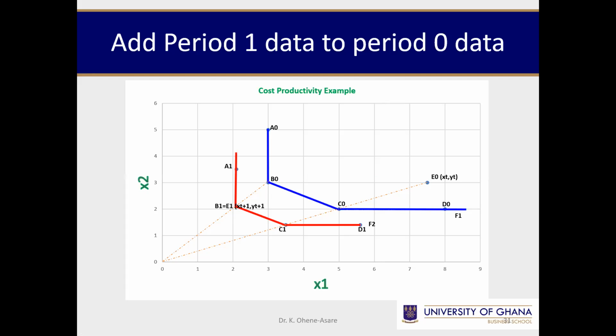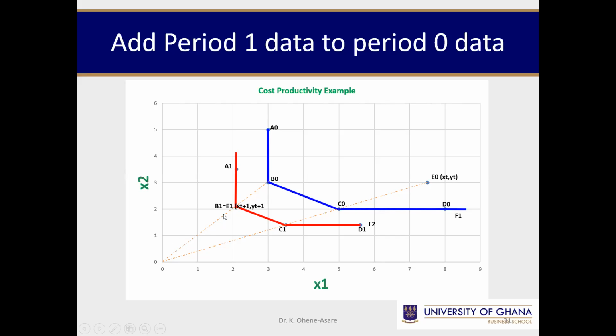So you are estimating the efficiency of E in year t plus 1. So E in year t plus 1 will be E1, that is this, E1, relative to the frontier in the previous year. Okay. And when you are estimating that, you will see that you are now estimating E1 relative to the blue frontier.